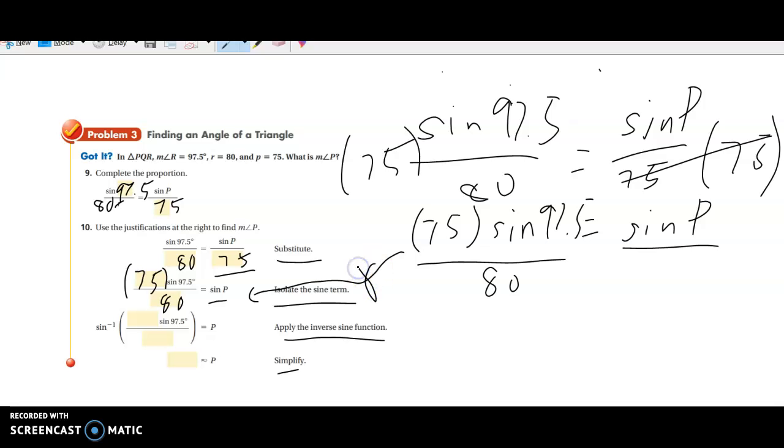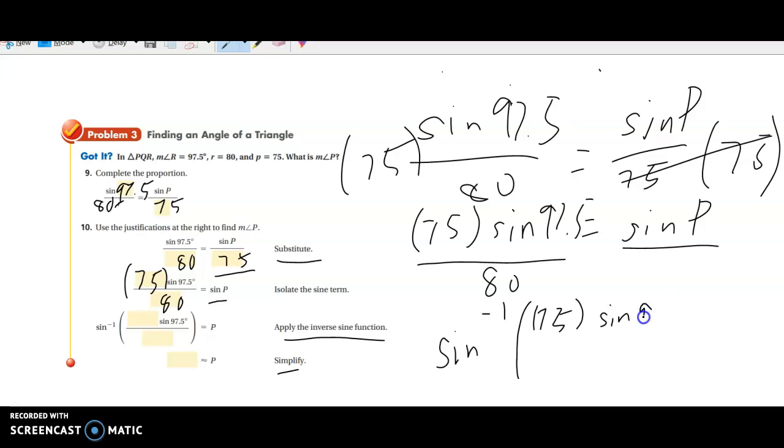Now the next step would be to apply the inverse sine function in order to solve for P. So this would just become sine -1, which is the inverse sine function, multiplied by still 75 sine 97.5 over 80, and that would equal P. By applying the inverse sine function, we're crossing out the sine on the right side of the equal sign.